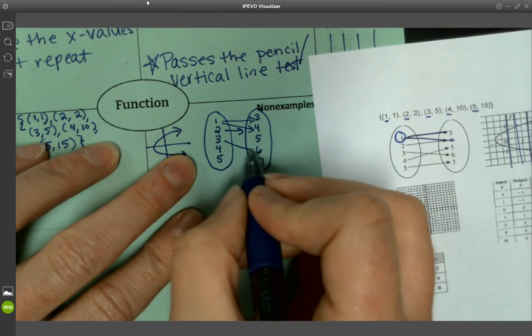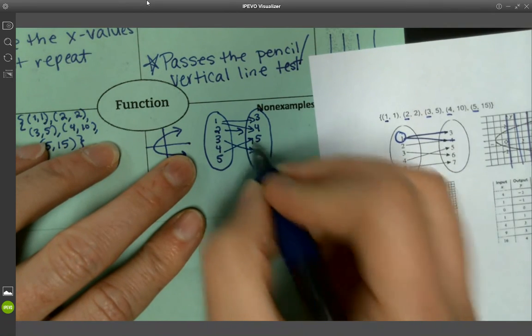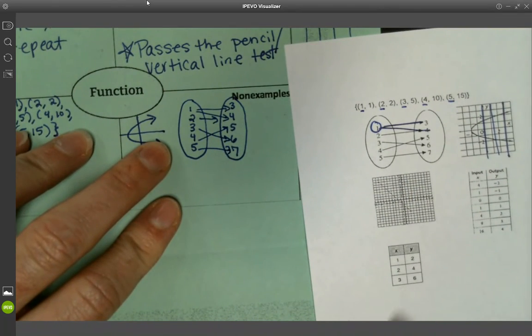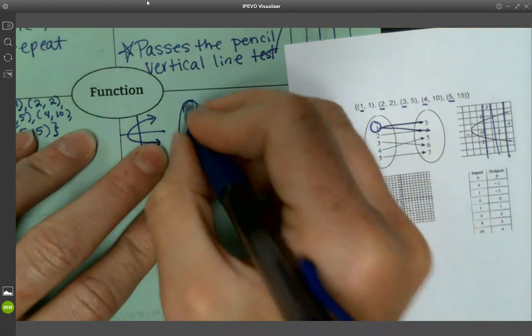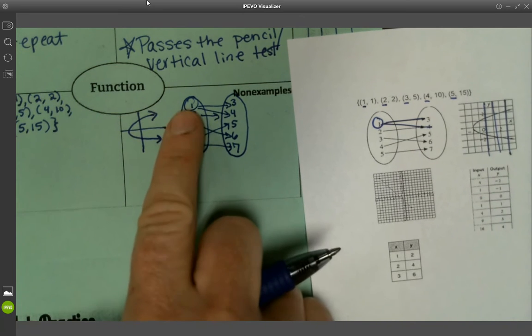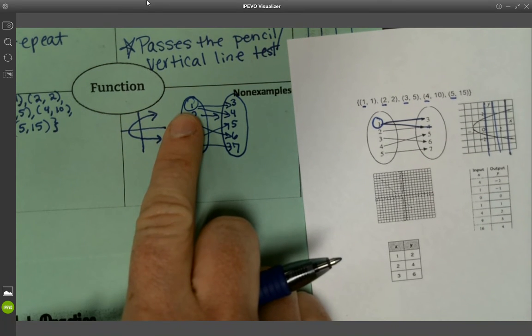But 2 people can go to the same place. Yeah, that makes sense. So I circled 1 because that's where it repeats.